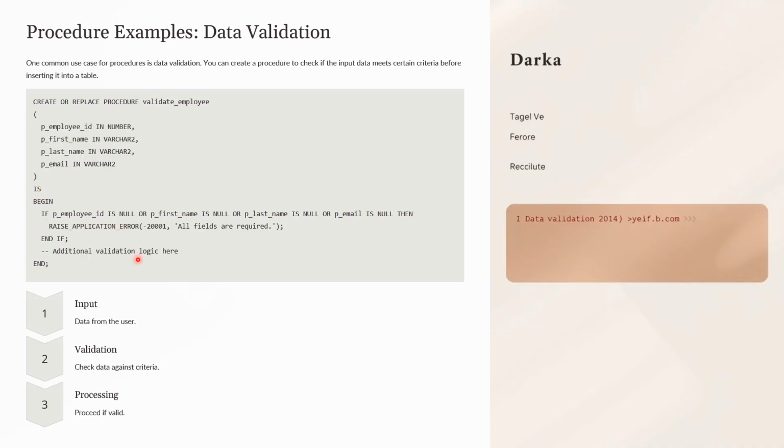This is where the exception handler has been used. Loops are also possible: if else, elsif, then for, while, all these can also be executed within this block. Then you are ending it and coming out of the procedure with END. You are getting the input, validating it, and processing whether it has been validated or not.